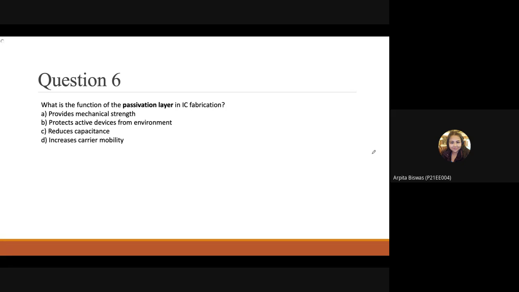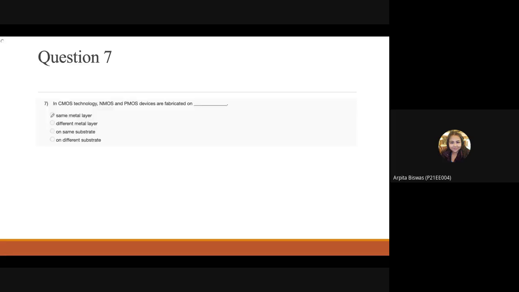Okay. So this is question number 6. What is the function of the passivation layer in IC fabrication? To protect active device from the environment. Yes, option B is the right option. So next, question number 7.